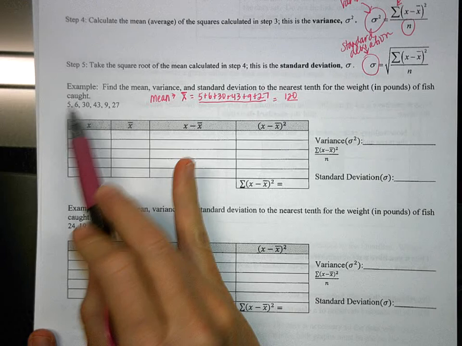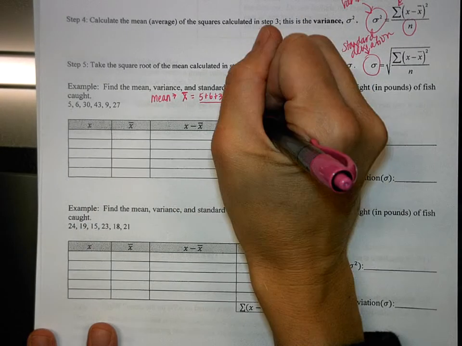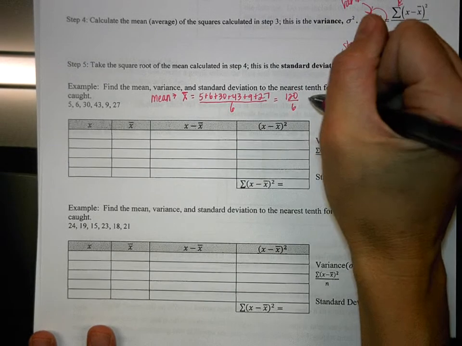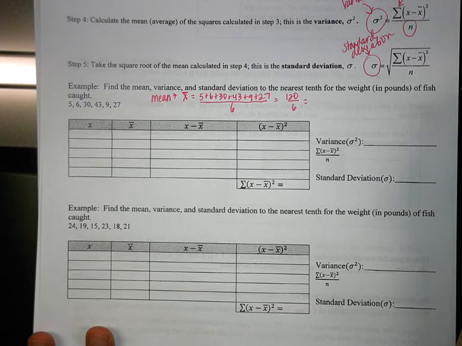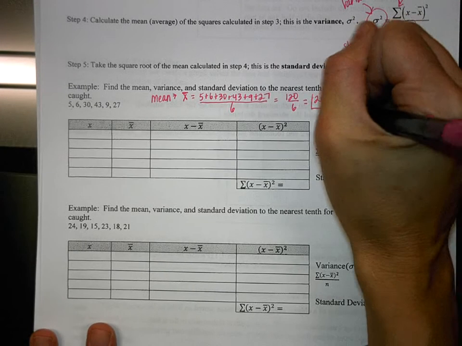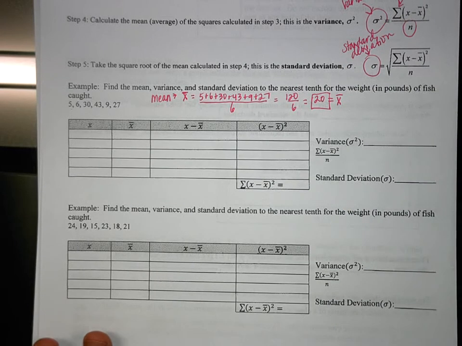Okay, now how many numbers did I have here? 6. So I am dividing that by 6. And 120 divided by 6 ends up giving me what? Good, 20. Okay, so 20 is my X bar value, meaning my mean. Okay?